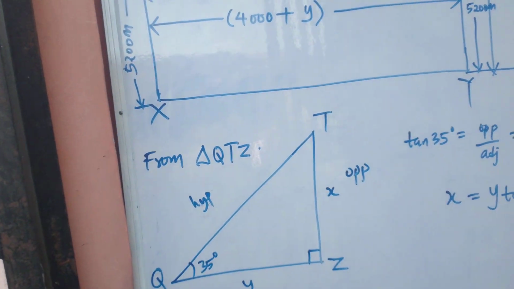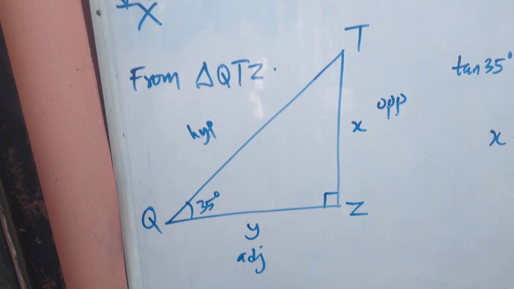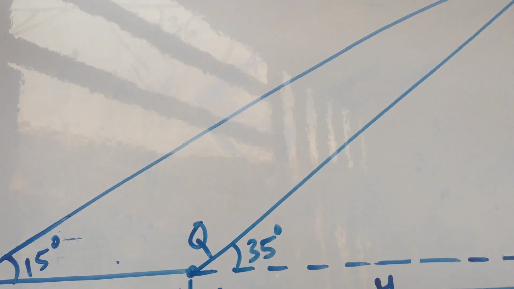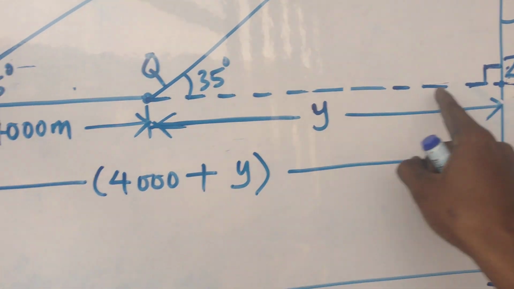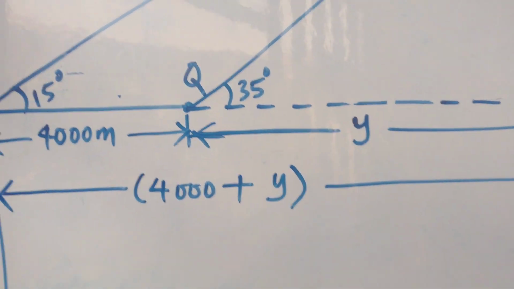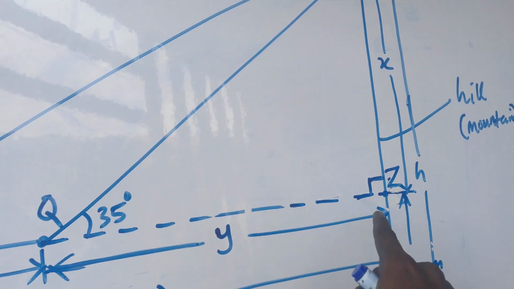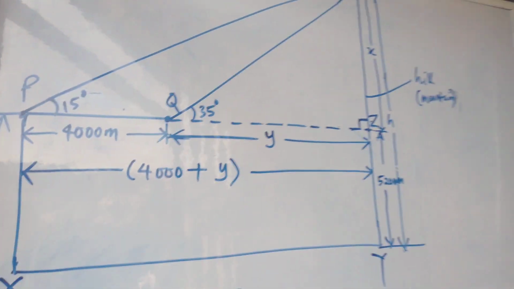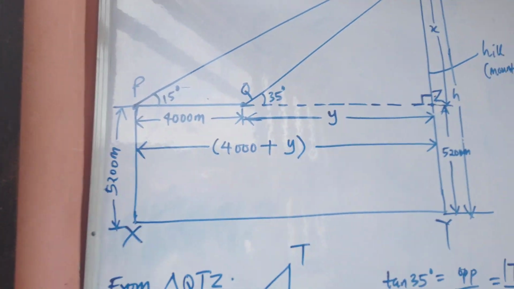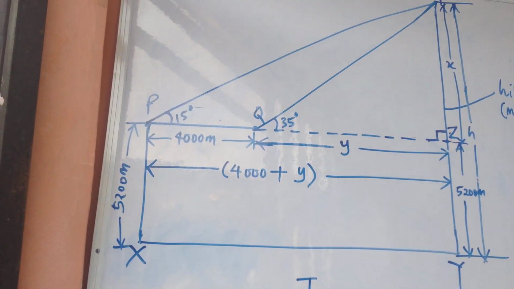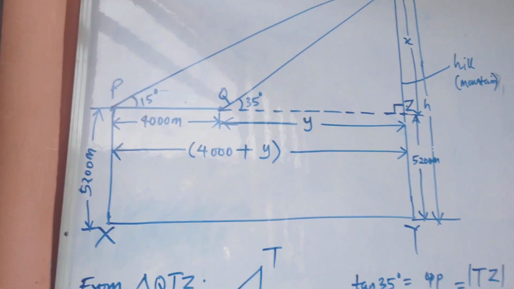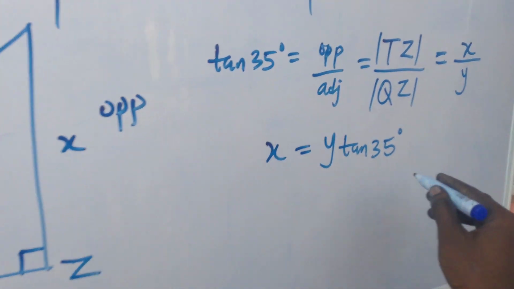The next thing I'll do is to take this triangle, take the full triangle. Now the full triangle is triangle PTZ. Take the full triangle PTZ, and I can call this one equation 1.